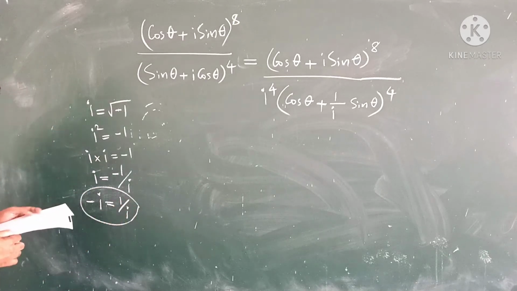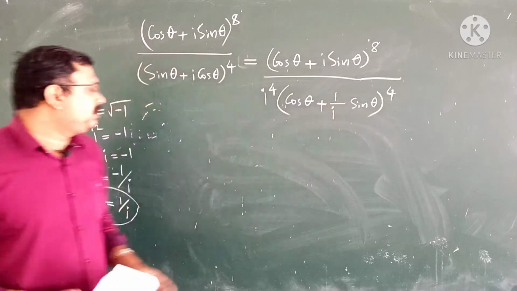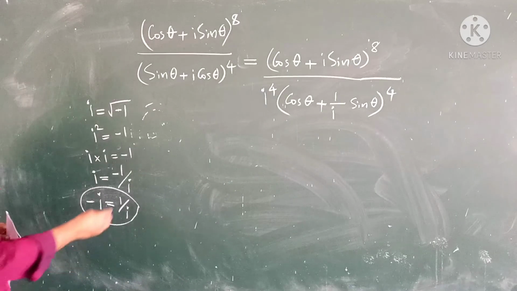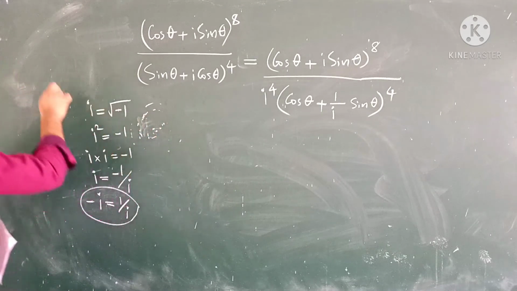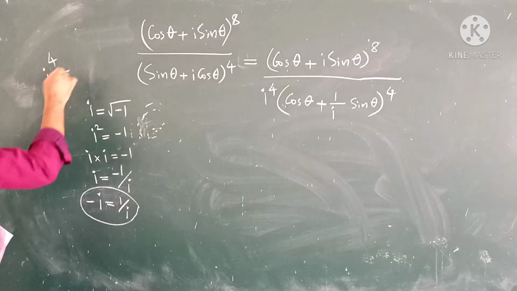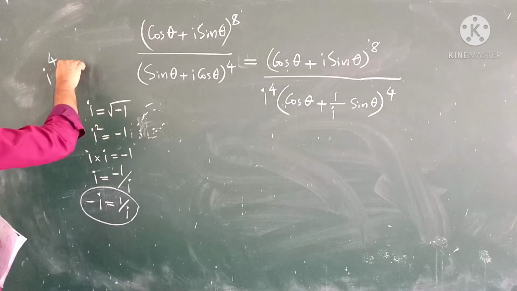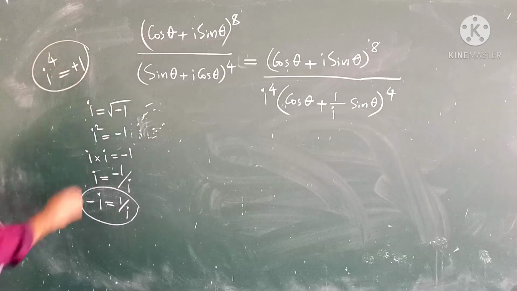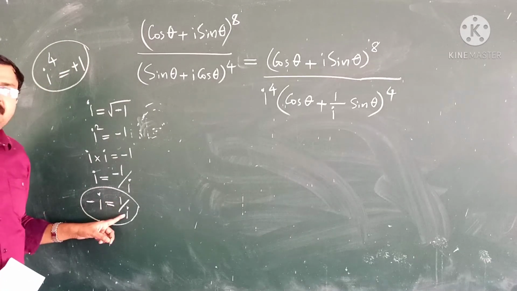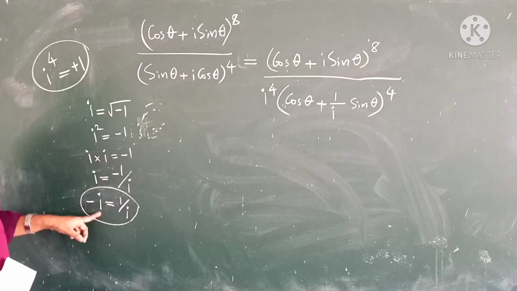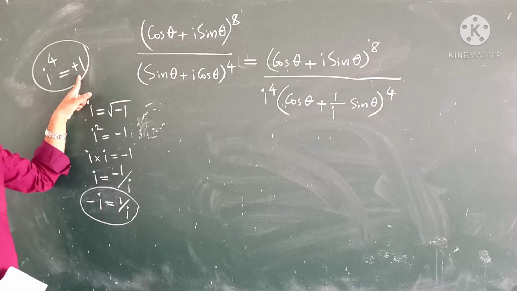Minus i is equal to 1 by i. Then another important result is, what is i raised to 4? i raised to 4 is i square the whole square, that is minus 1 square, that is equal to plus 1. These two important results: remember that 1 by i equals minus i, and i raised to 4 equals plus 1.